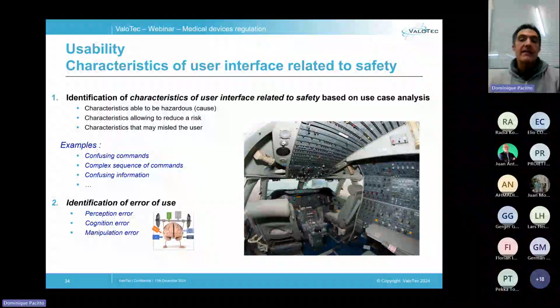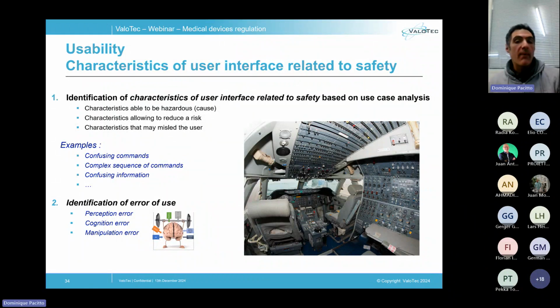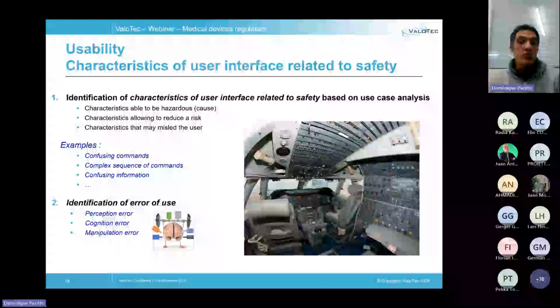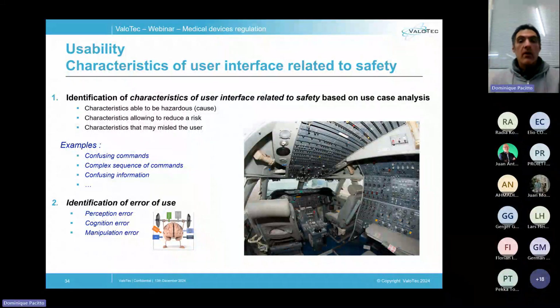These characteristics can be, for example, characteristics able to be hazardous, such as a hot accessible part, a sharpened edge, and characteristics like this. There are also characteristics allowing to reduce the risk, the famous risk control means we discussed in the risk management part, and the characteristics that can mislead the user, such as confusing commands, poor ergonomics, etc.